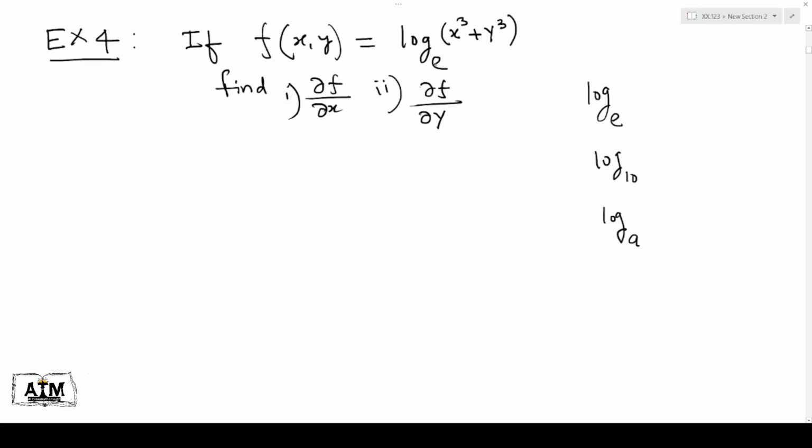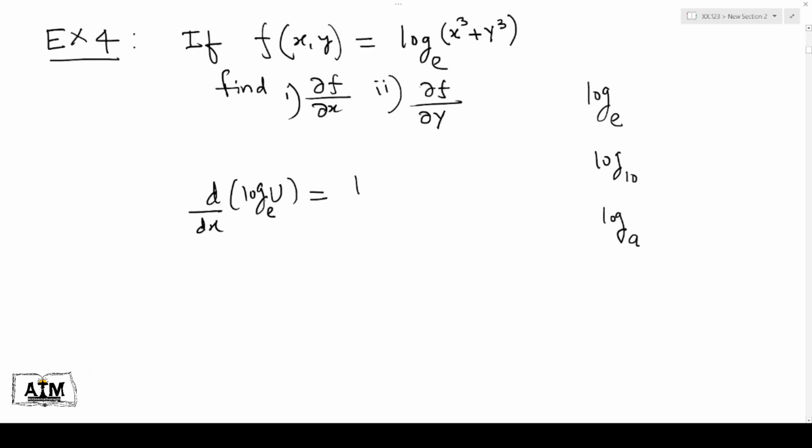Here it is base e, and we are going to use the idea of the derivative of log u to the base e with respect to x, which can be obtained by using the chain rule.